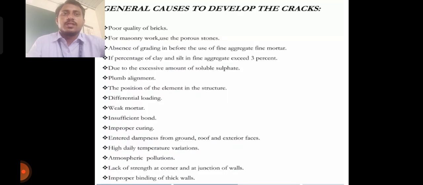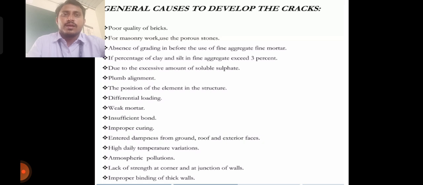Then, the general causes that develop cracks are not only the constructional errors and not only the environmental errors; these are also some reasons. Poor quality bricks used for masonry works, use of porous stones, then absence of grading of fine aggregate before use, and fine mortar.